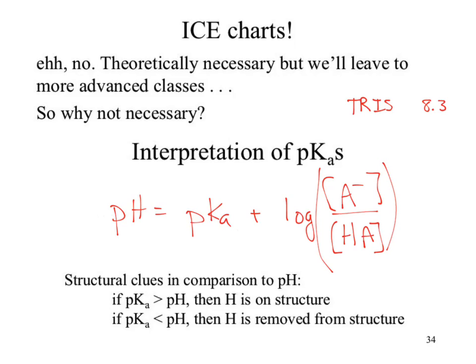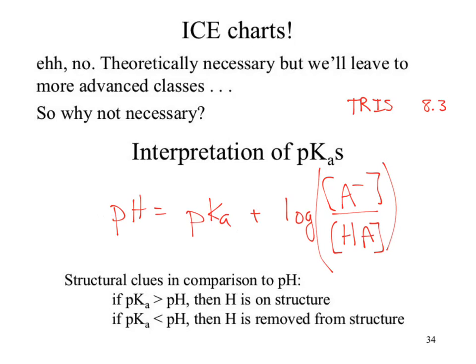More acidic. Right? So we are in an acidic environment relative to our species. If we're in an acidic environment, which species would we expect to be present in a larger concentration? HA, because HA is our acid.